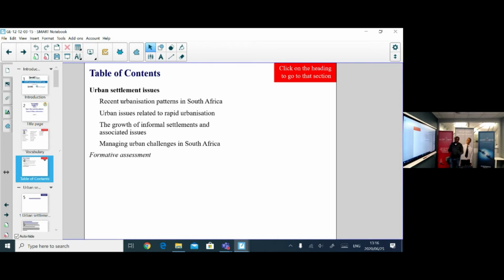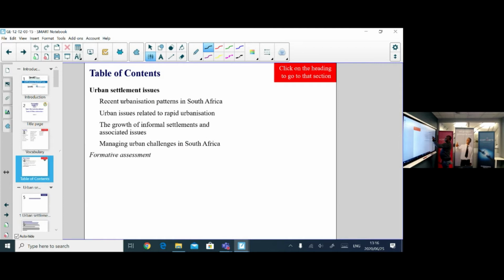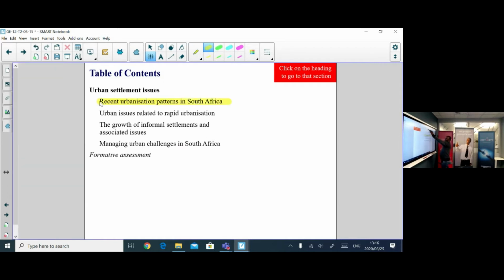We are going to deal with recent urbanization patterns in South Africa, urban issues related to rapid urbanization, the growth of informal settlements and associated issues, as well as managing urban challenges in South Africa.